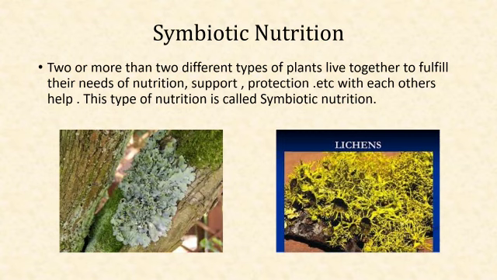Lichen is an example of symbiosis between algae and fungi, where the fungi provide water, minerals as well as shelter to the algae, and the algae provide food to the fungi.